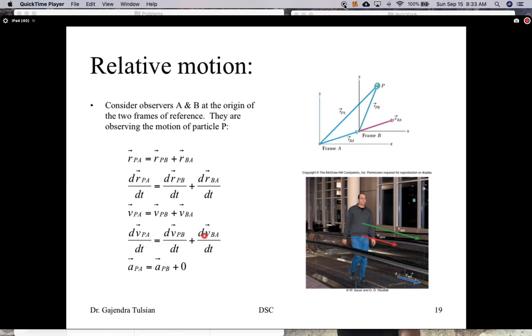And then if you take another derivative, you see that the accelerations are the same. As long as this frame is moving at constant velocity, they both see the same acceleration for the particle. Okay, and that's important.